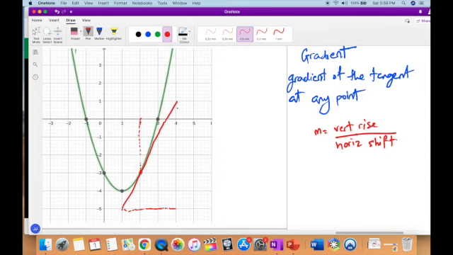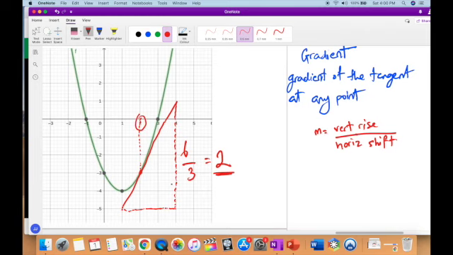Form a triangle and look at the vertical rise. That is 1, 2, 3, 4, 5, 6, over the horizontal shift, that is 1, 2, 3. So 6 divided by 3 is 2. So the gradient of the curve at the point where x is 2 is 2.